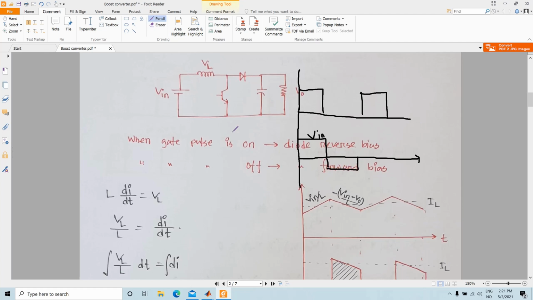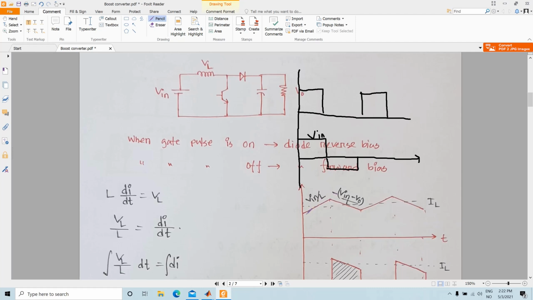Now we know that L di/dt is equal to VL, so di is equal to 1 over L times VL dt, and if we integrate it, that means if we integrate a constant part, then we will have a slope here.